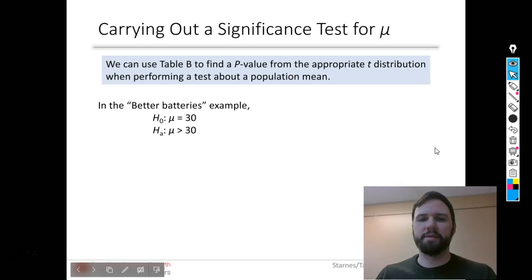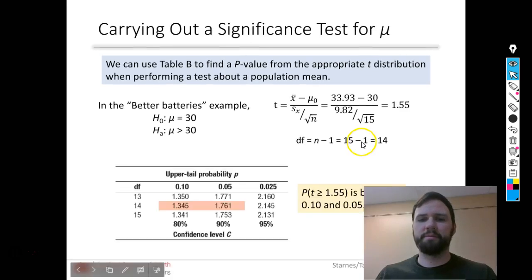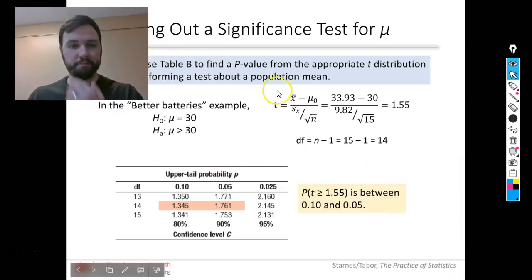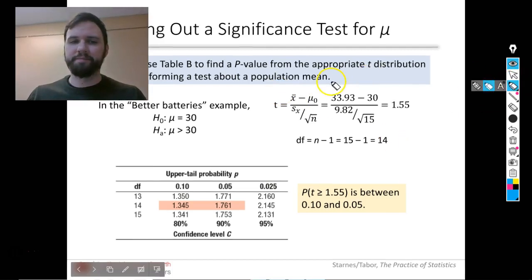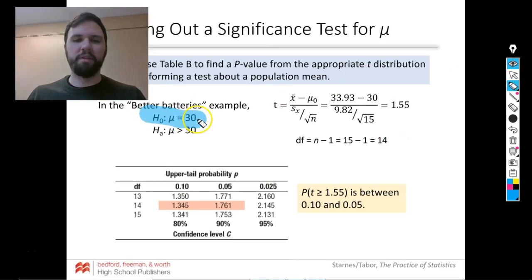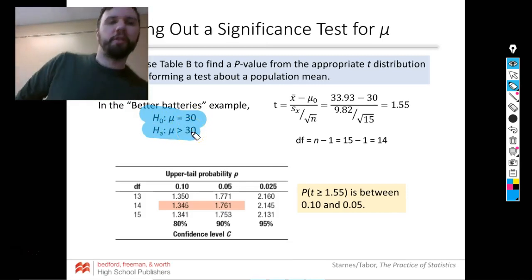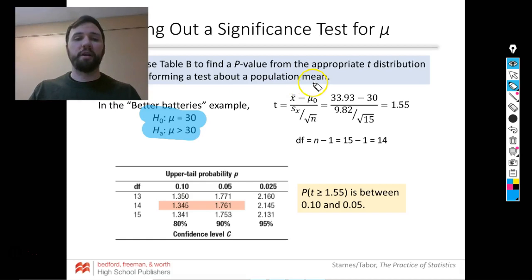Here's why. Let's say we're looking at the batteries. Our null hypothesis: we want it to be bigger than 30, so we're going to assume it's 30, and then let's do our test.